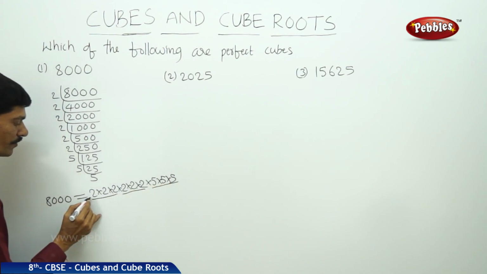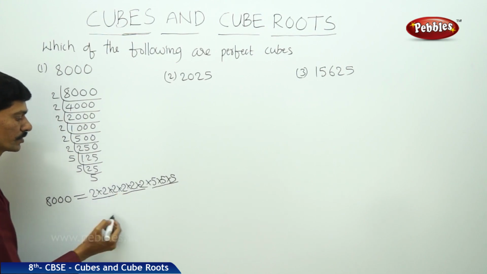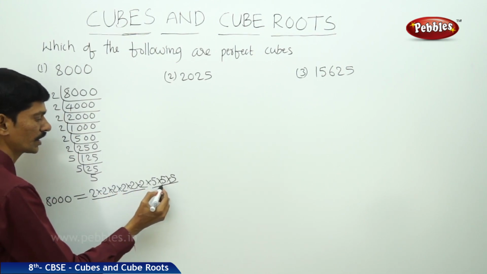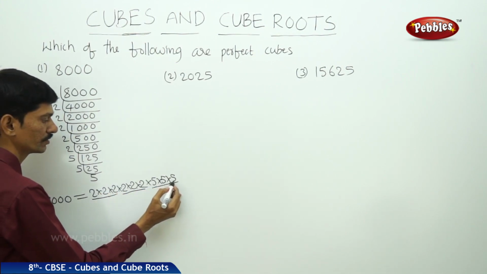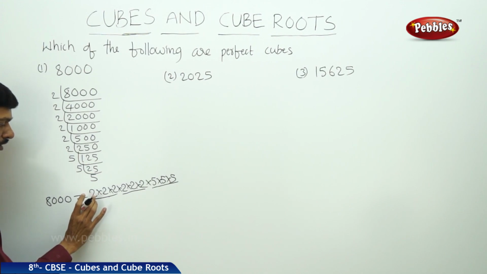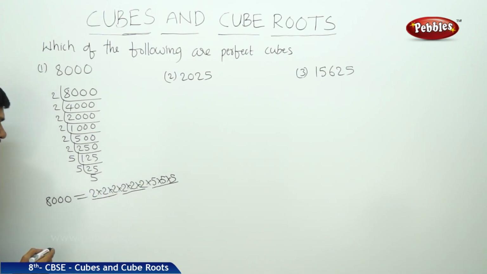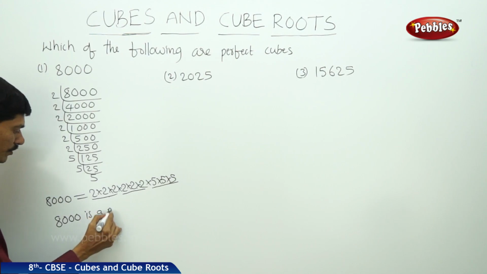The first prime factor 2 appears 3 times and again 3 times, so totally 6 times. And the second prime factor 5 also appears 3 times. So in the prime factorization of 8000, each prime factor appears 3 times. So 8000 is a perfect cube.